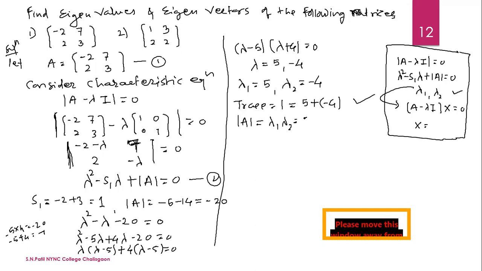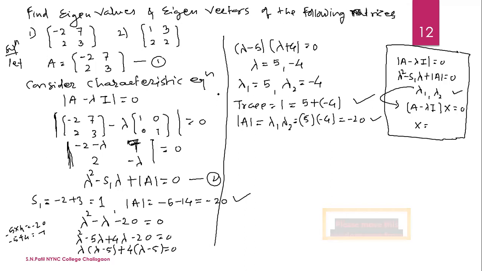The product of the eigenvalues, 5 into minus 4, is equal to minus 20, the determinant. Here we got the eigenvalues. Now let us find the corresponding eigenvectors.